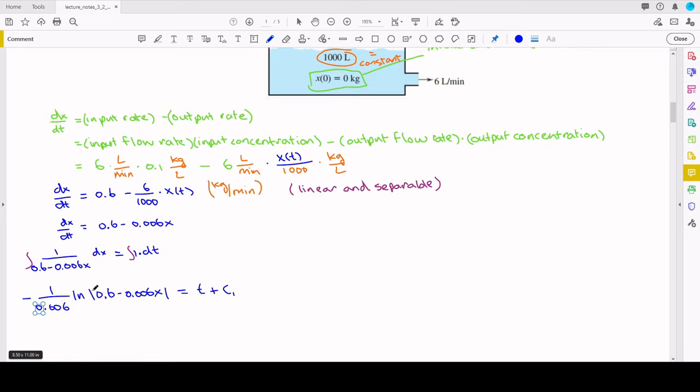So the first thing that I want to do when I want to solve for x here is to get rid of this negative 1 over 0.006.